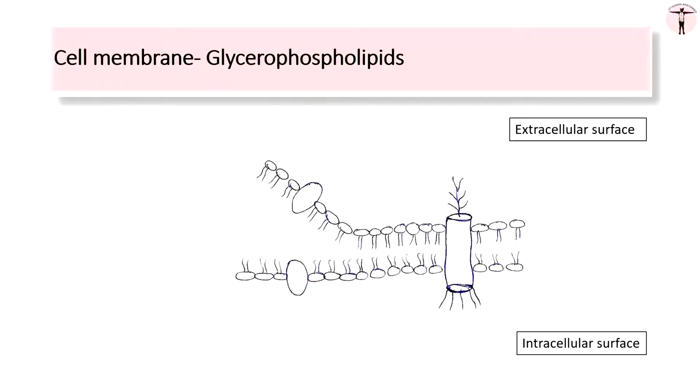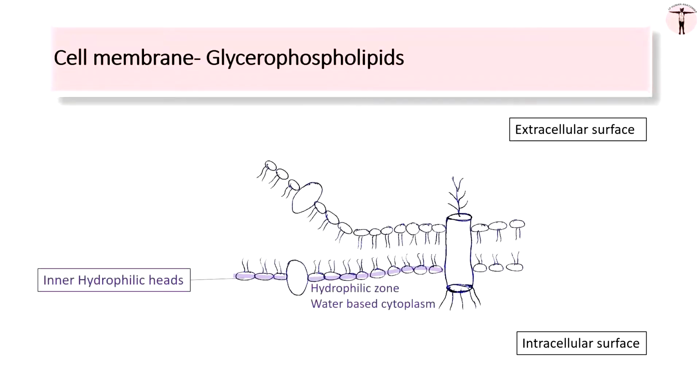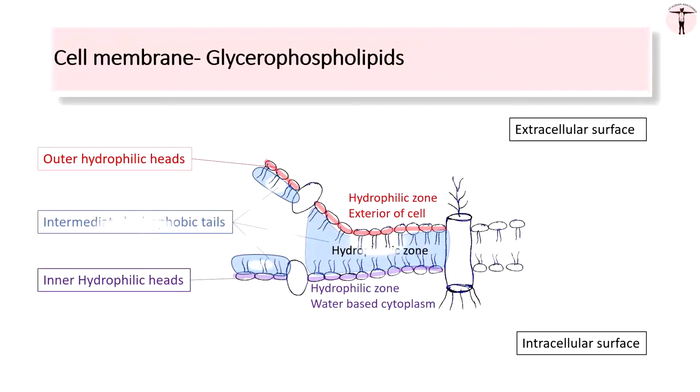Hence, the hydrophilic heads of the glycerophospholipids in a cell membrane face both the water-based cytoplasm and the exterior of the cell, and their tails, hydrophobic carbon tails of fatty acids, line up in the bilayer's interior, which does not have any interaction with water.